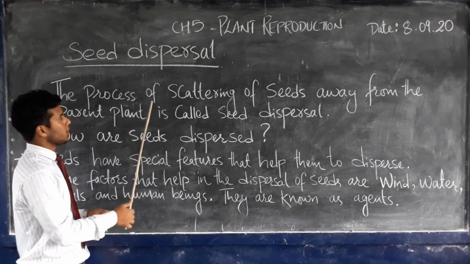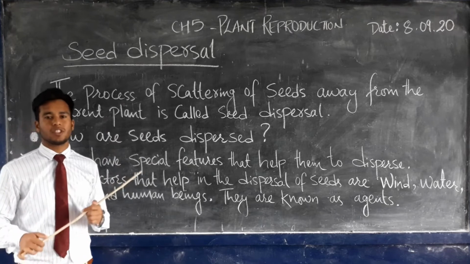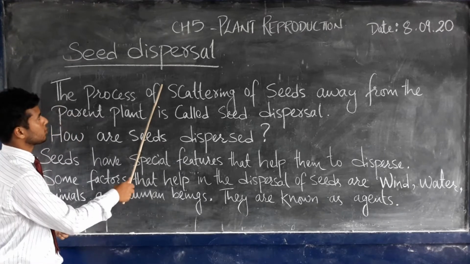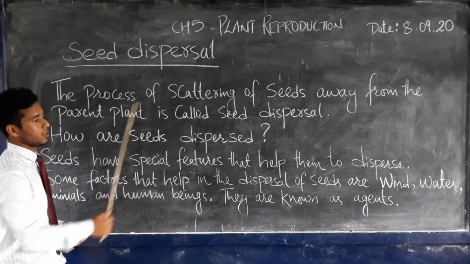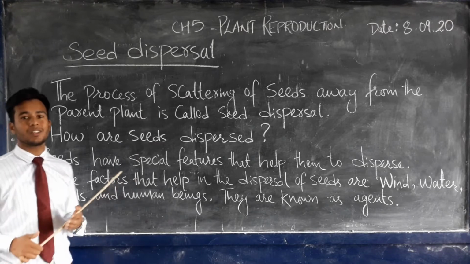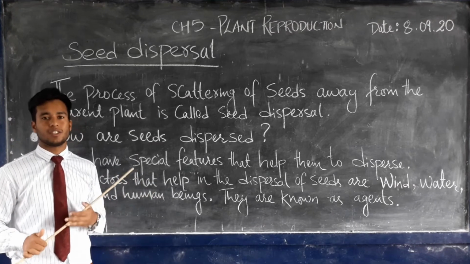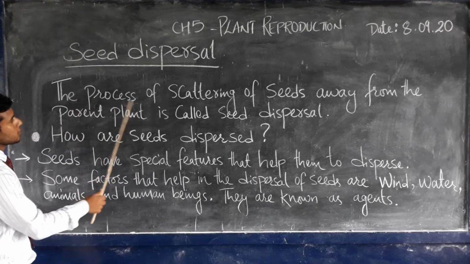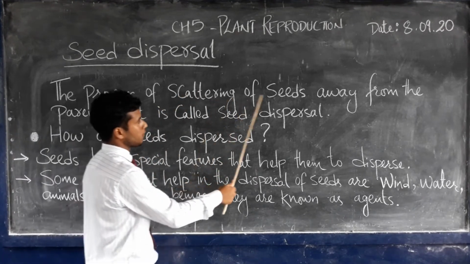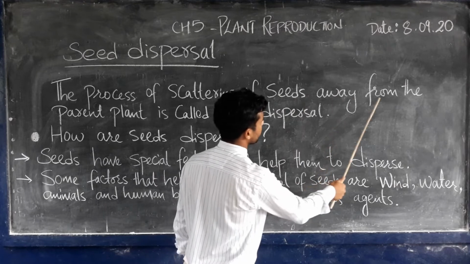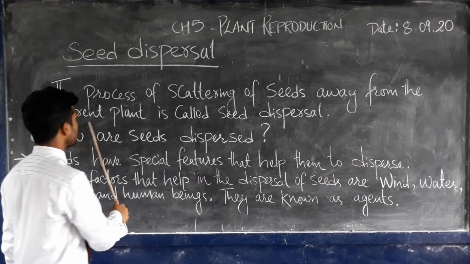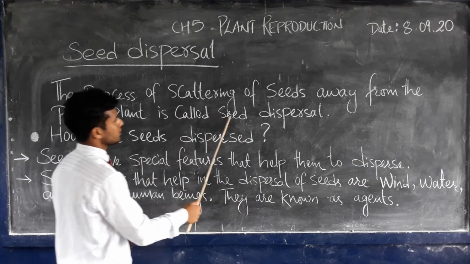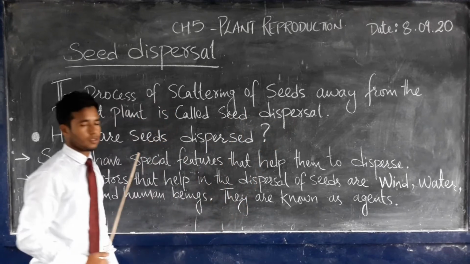In a plant it is very important to have this process which is called dispersal of seed. Now what is seed dispersal? The process of scattering of seeds away from the parent plant is called seed dispersal.